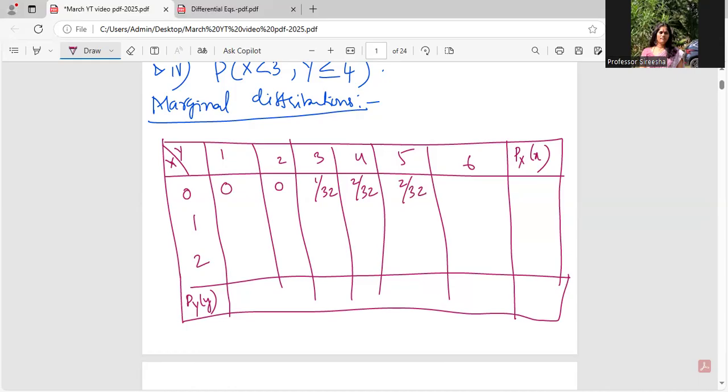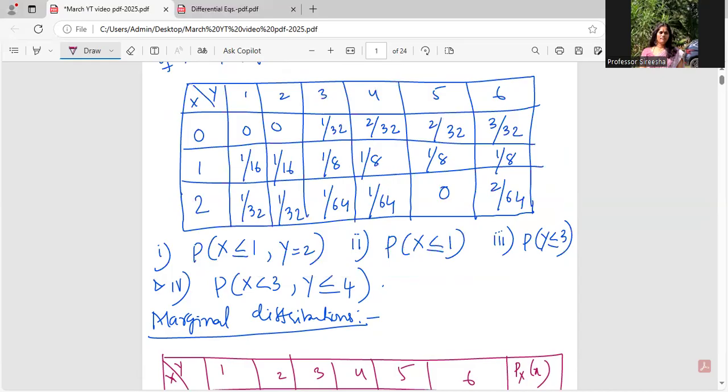And 0 and 6, the value is 3 by 32. Of course, you can call them the marginal distributions only. I'll take the sum of all the rows and the columns. The sum of the row would be 1 plus 2, 3, 3 plus 2, 5, 5 plus 3, 8, so 8 by 32.